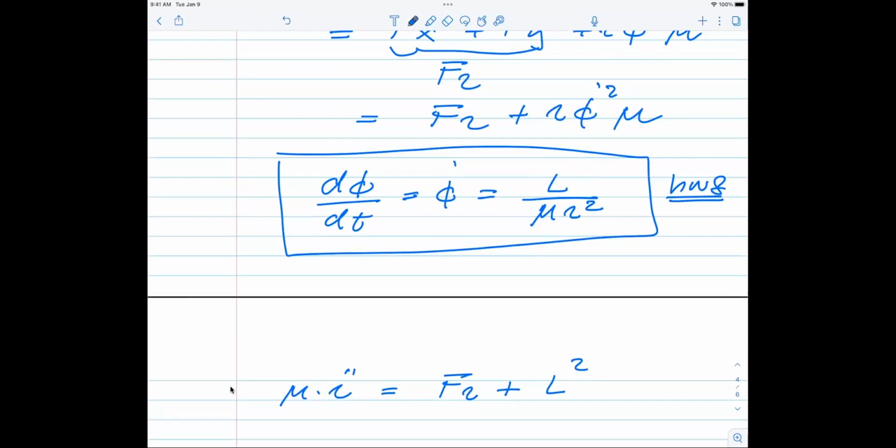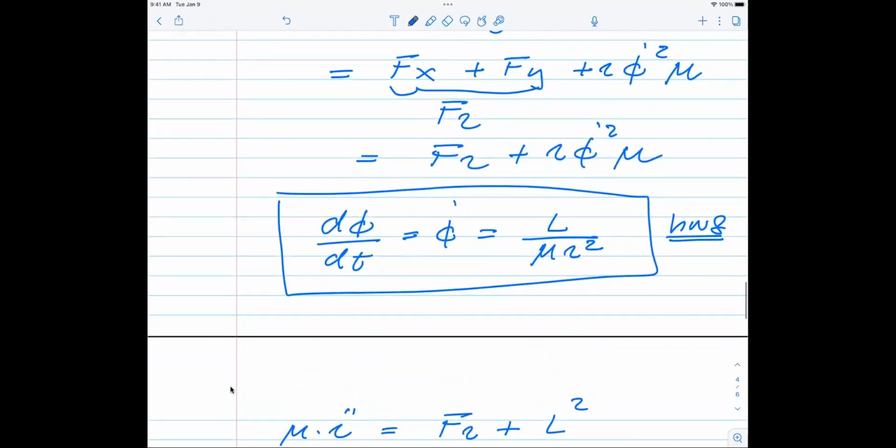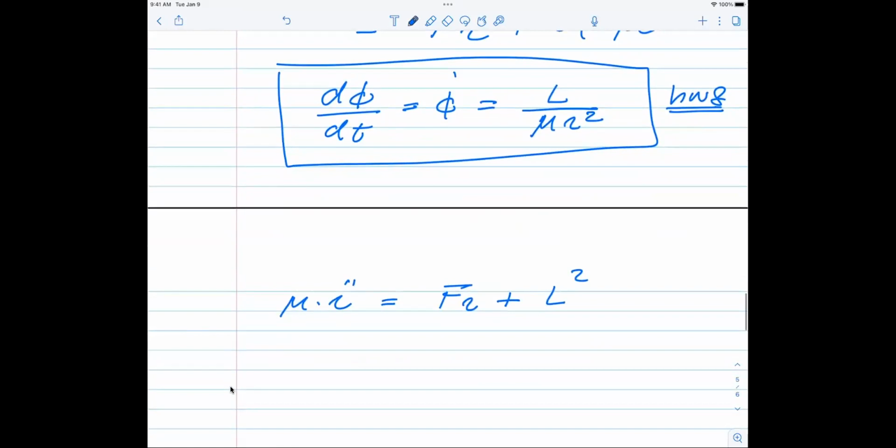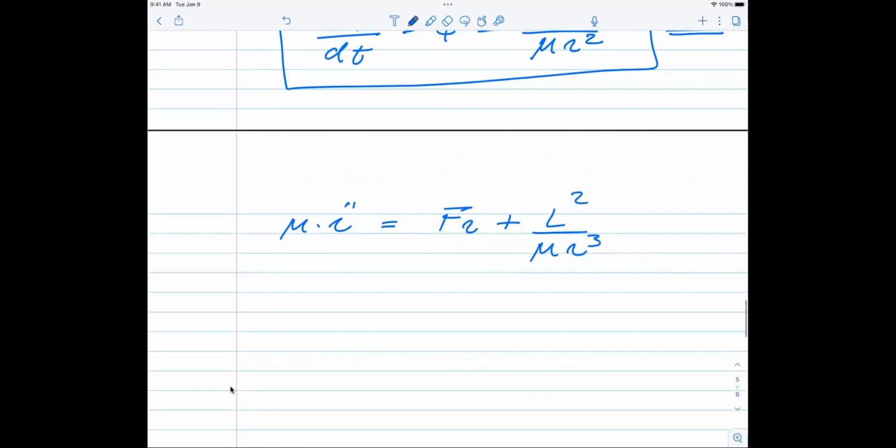So we get L squared, and we have the 1r already. So that means I get mu times r cubed. And this is a differential equation which we have to solve. And this is the equation which we have an analytical solution to when we now plug in the gravitational force.